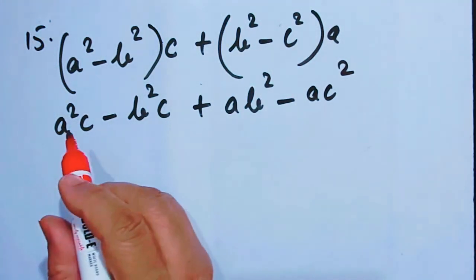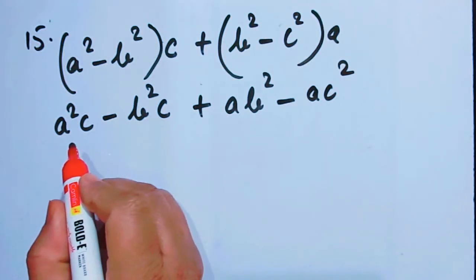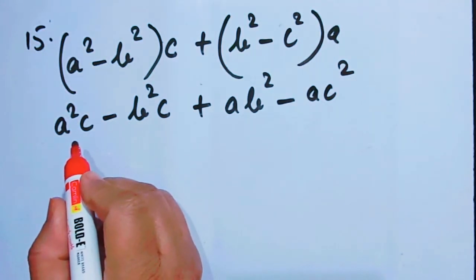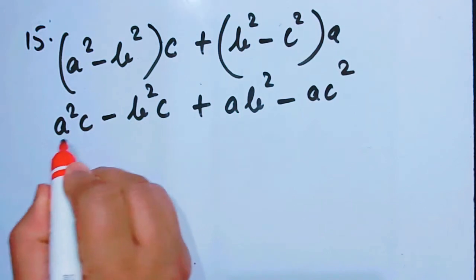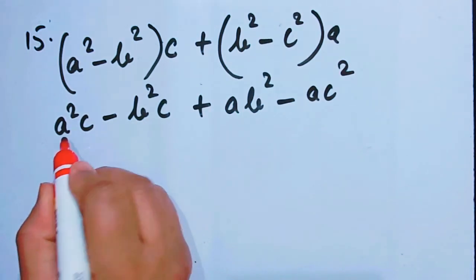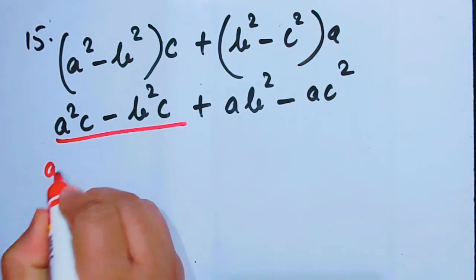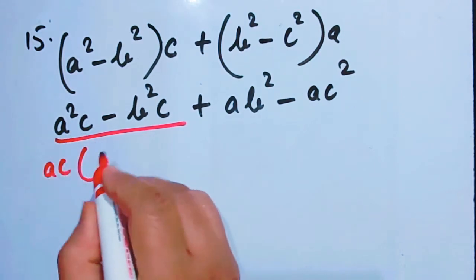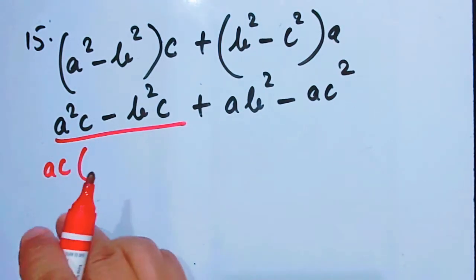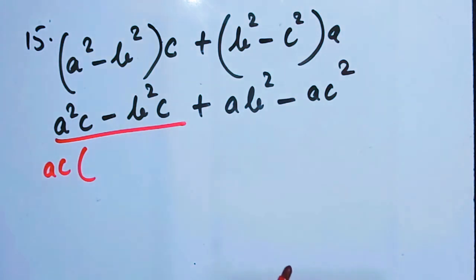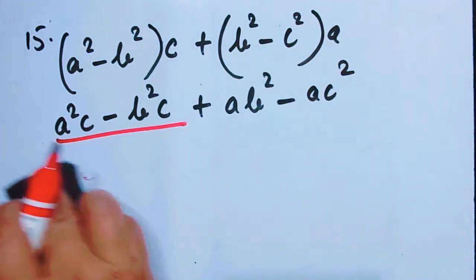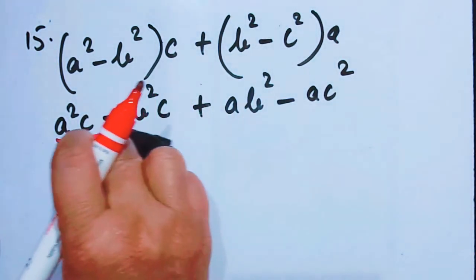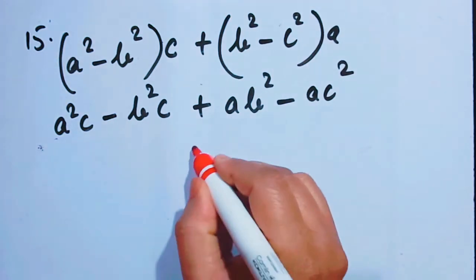What about the common? If I take the common AC over here, what will I get? Sorry, why should I take AC as common over here? There is some mistake. The mistake is that I did not arrange it, so we are going to arrange this.